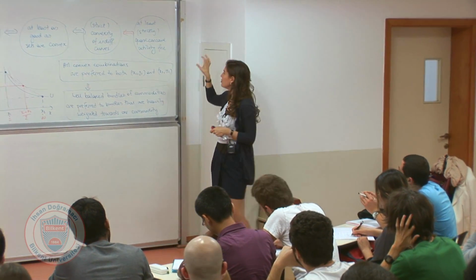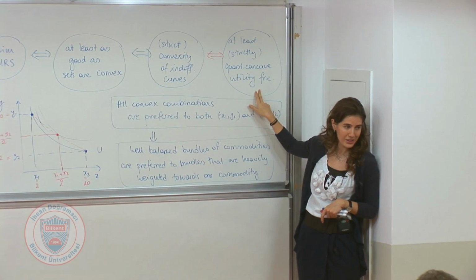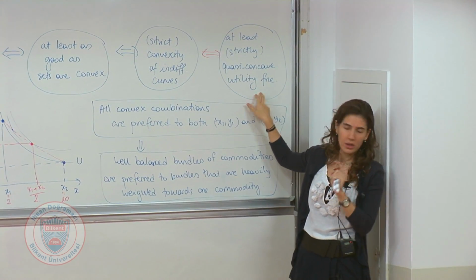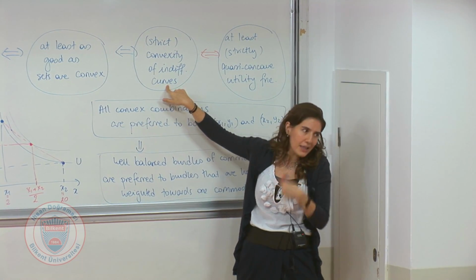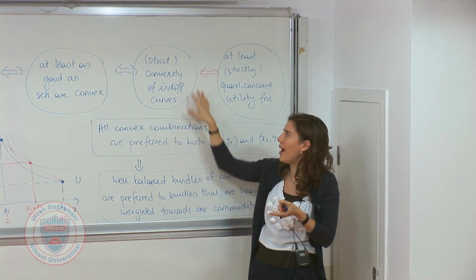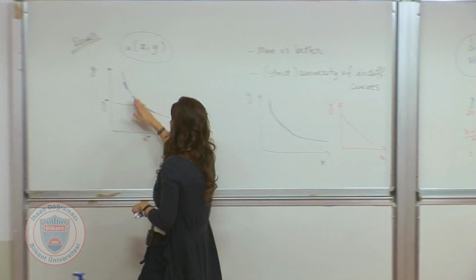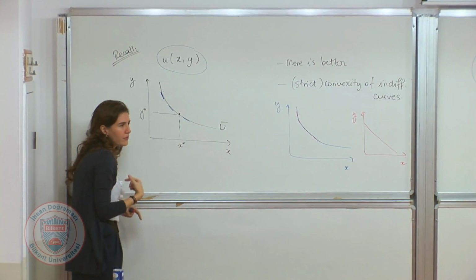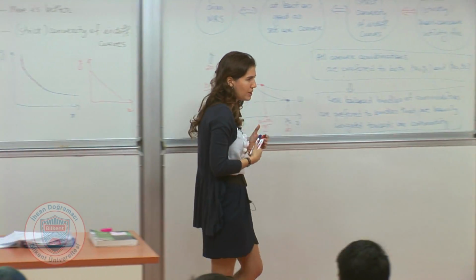It's actually through this: if you have a strictly quasi-concave utility function, then it's for sure that you would have strictly convex indifference curves, okay? And if you have strictly convex indifference curves, then you would have an indifference curve like this. And on this indifference curve, you can see that there is diminishing marginal rate of substitution, okay?